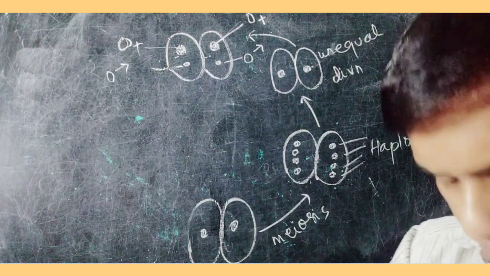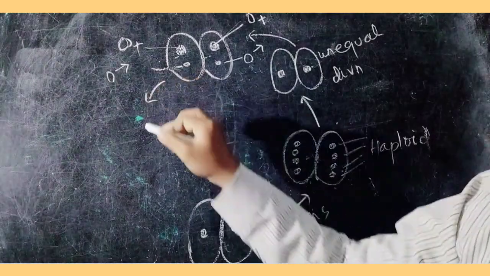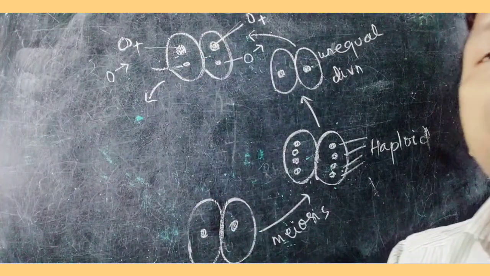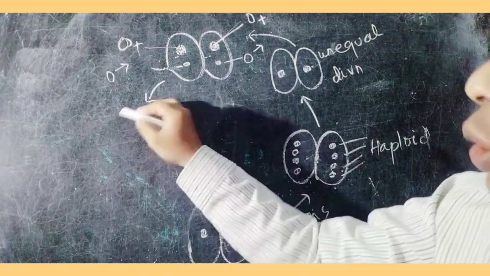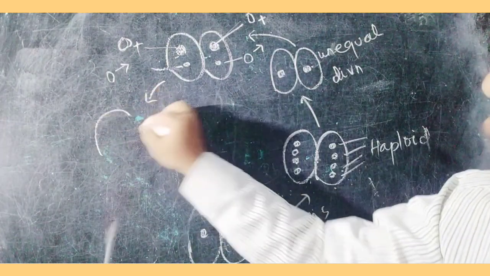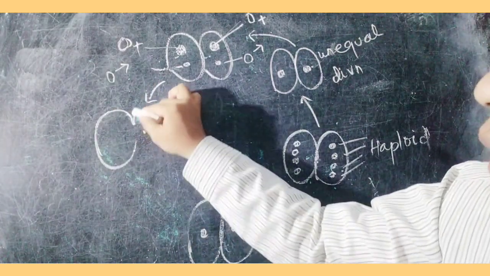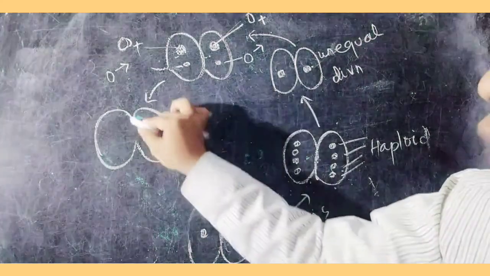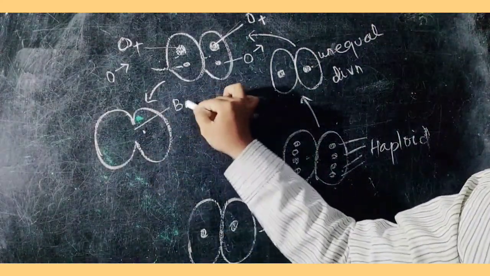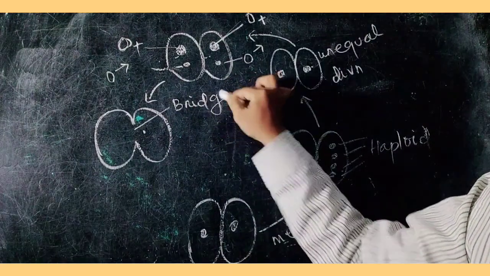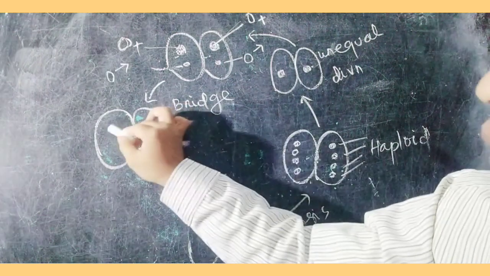After formation of male and female pronuclei, what happens? Immediately a cytoplasmic bridge is formed between them, which is due to cellular lysine. Due to cellular lysine, a communicating bridge is formed. What happens after formation of the bridge?